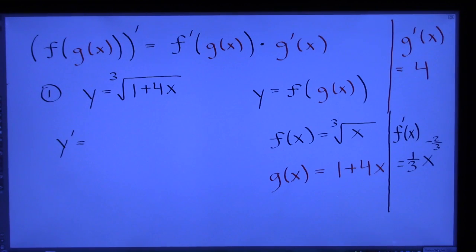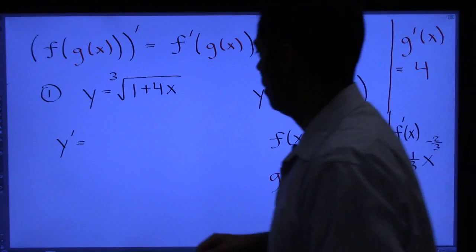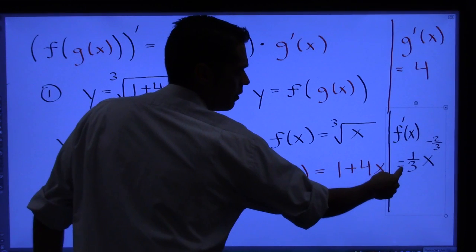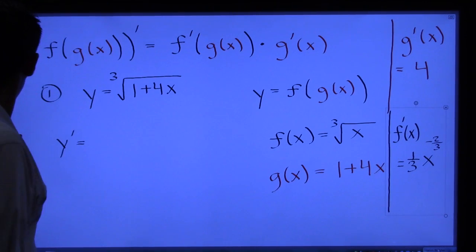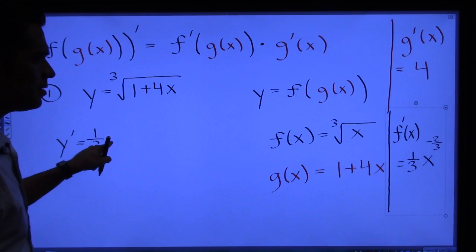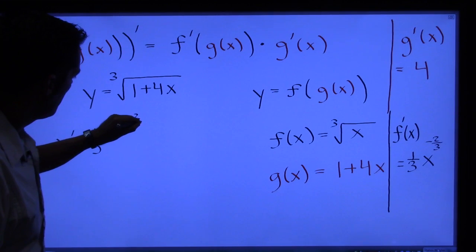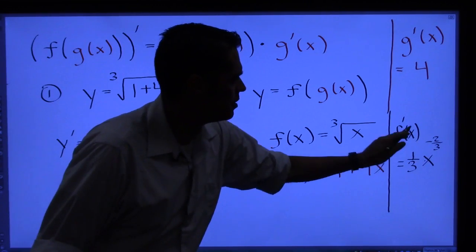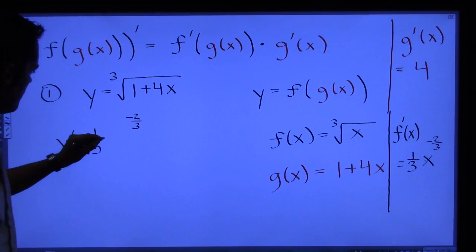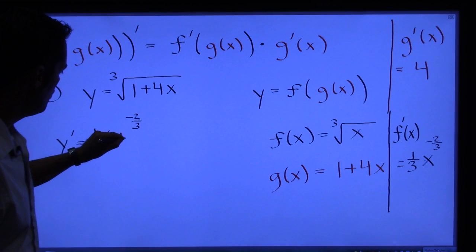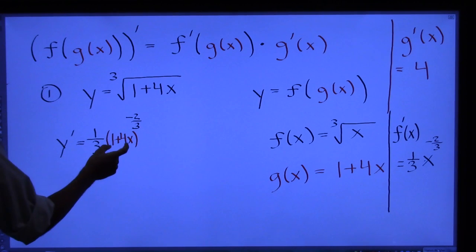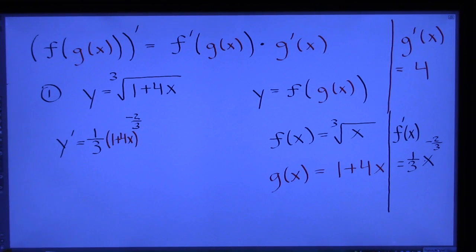All right, so now let's go to the formula. I want to take the derivative of f and plug g into it. So here's a derivative of f right here. So it's going to be 1/3 and then x to the negative 2/3. But instead of plugging in x, I'm plugging in g. So g is 1 plus 4x. Okay, so what I have is 1/3 times g, 1 plus 4x raised to negative 2/3.